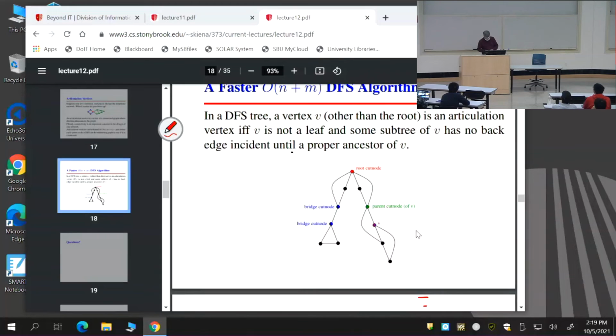What if we instead do a depth-first search starting from one vertex? What is going to happen? Every edge is going to be either a tree edge or a back edge, right?